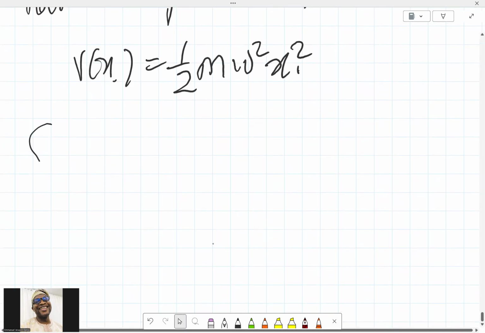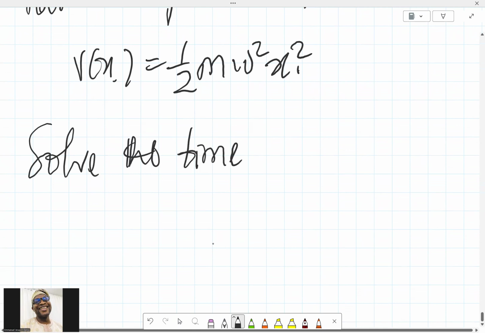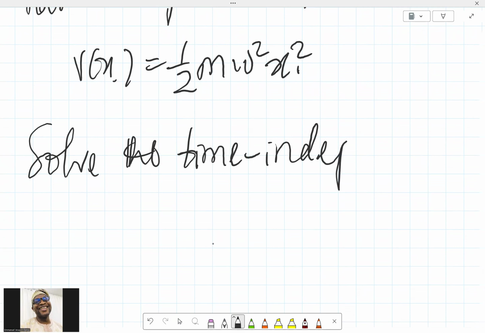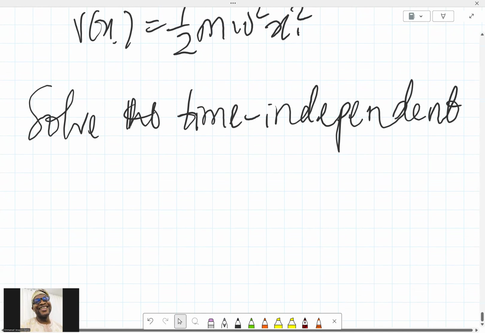Okay, so solve the time-dependent... I mean, the time-independent one. I believe the time-independent one will be very complicated because it will be having to talk about two variables.